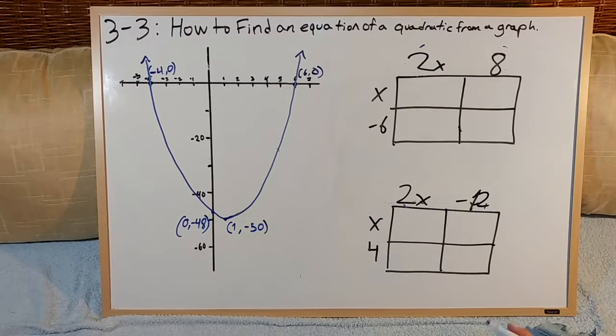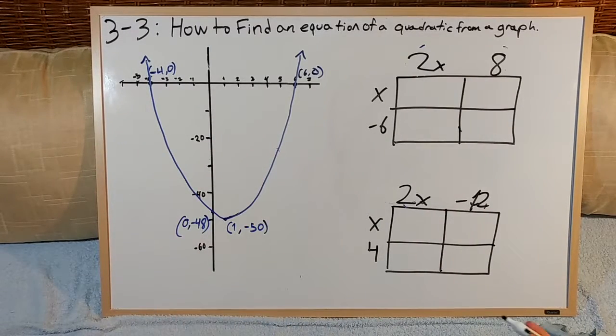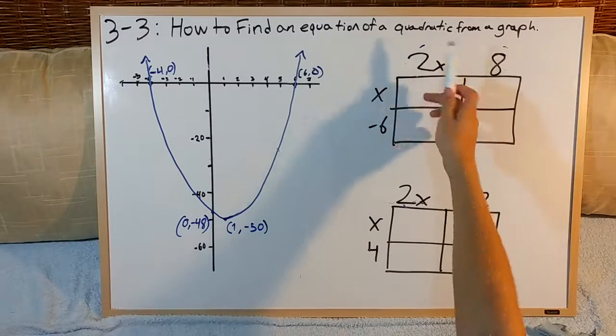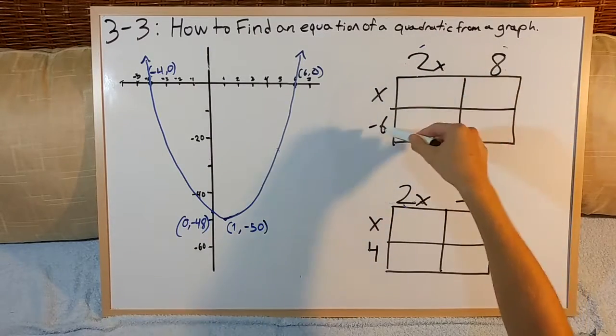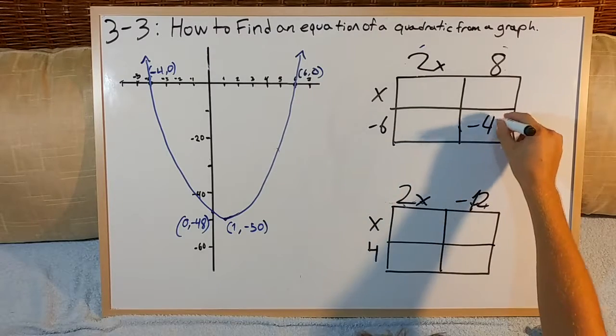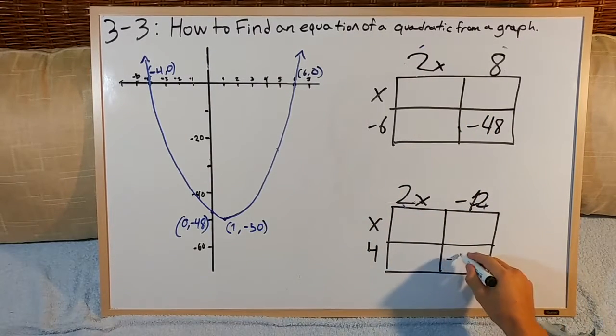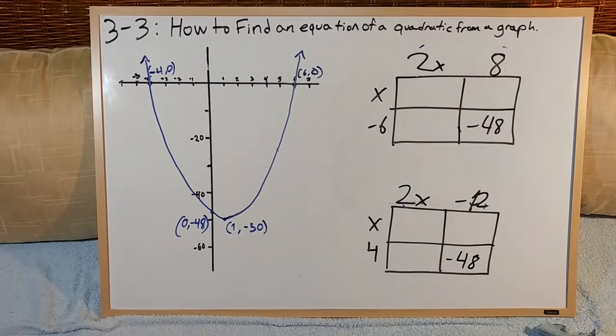Now this looks a lot closer to what we are trying to solve in this graph. So what is 8 times negative 6? It is negative 48. What is negative 12 times 4? Negative 48. This is our y value.